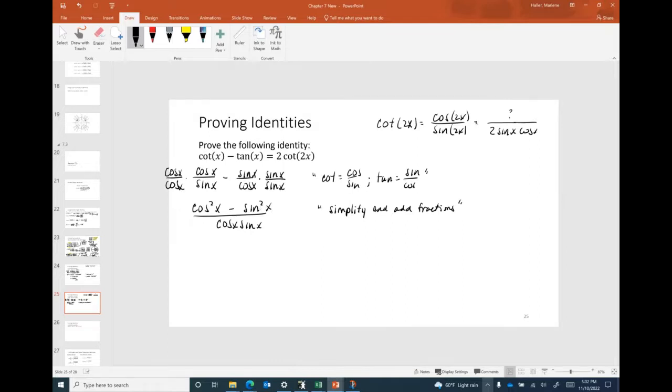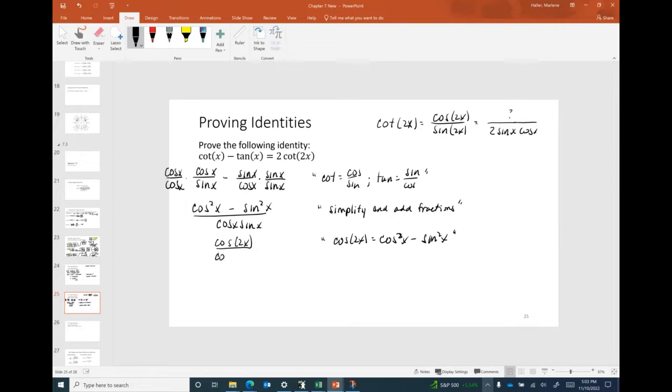The version that I want to use here is that one. That is a cosine 2x. So I can make that substitution, and I get a cosine 2x in the numerator. My reason here is that cosine 2x equals cosine squared x minus sine squared x.